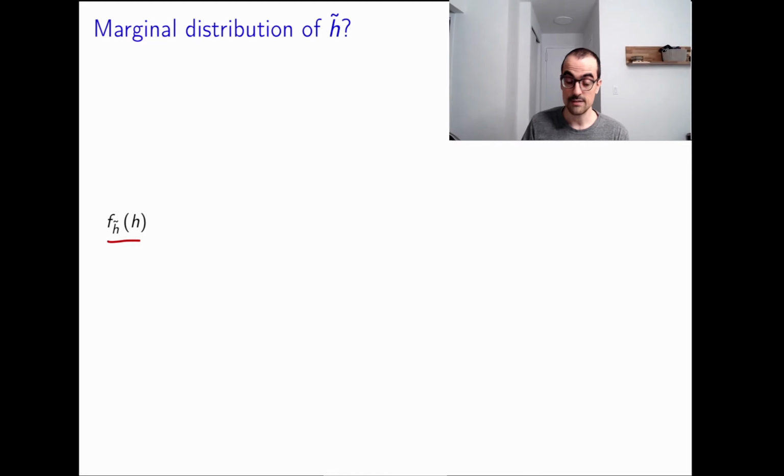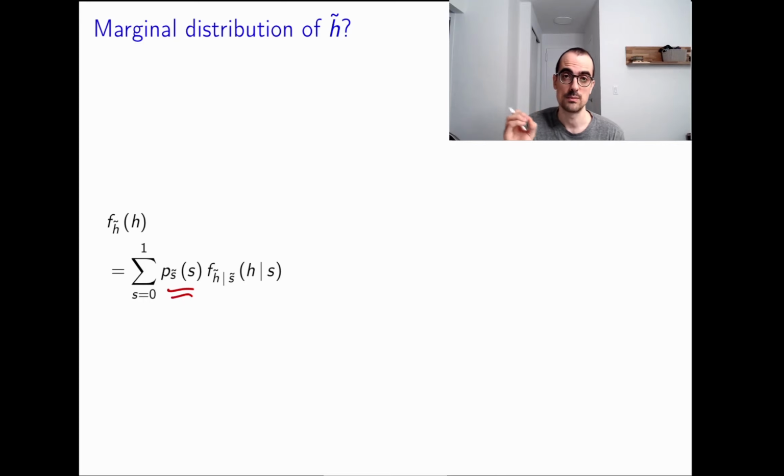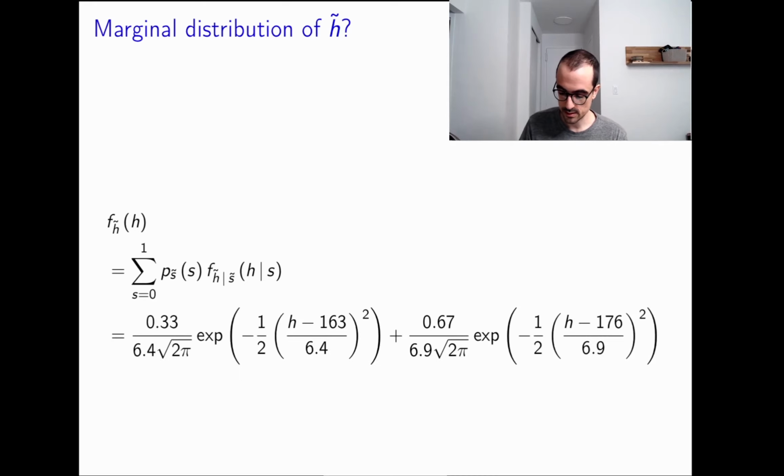If you have the conditional PDFs of a continuous random variable given a discrete random variable, you can actually obtain the marginal by just summing them all up as long as you weight them by the PMF, the probability mass function of the discrete random variable. Okay? And if we do that, this is what we get.